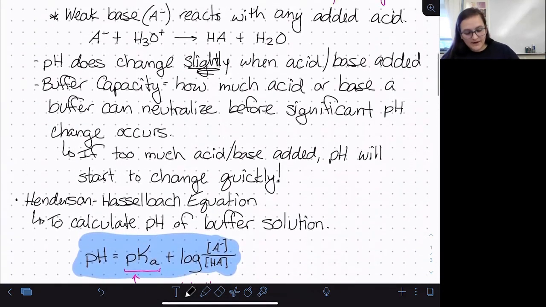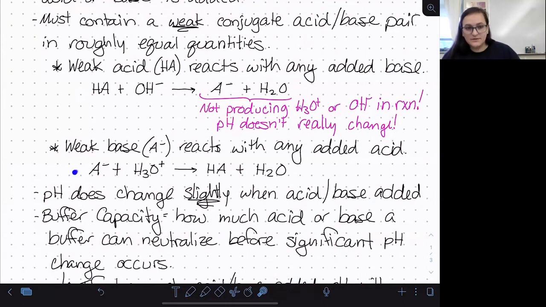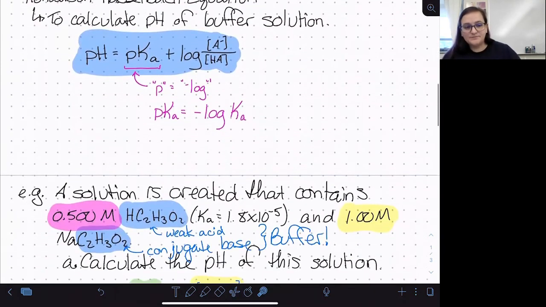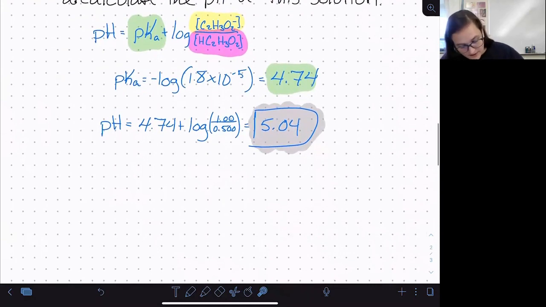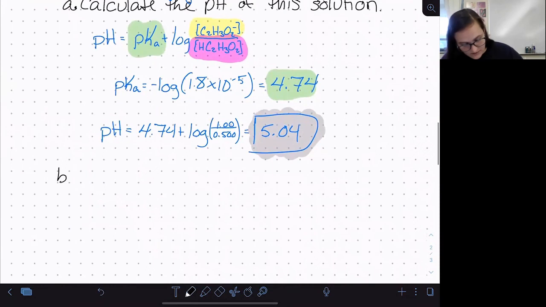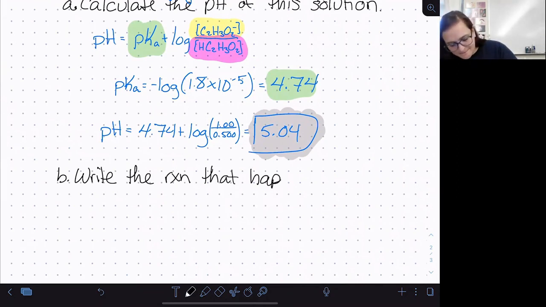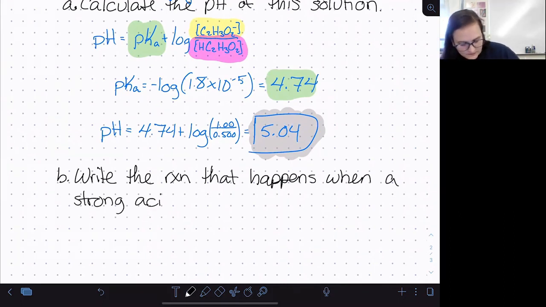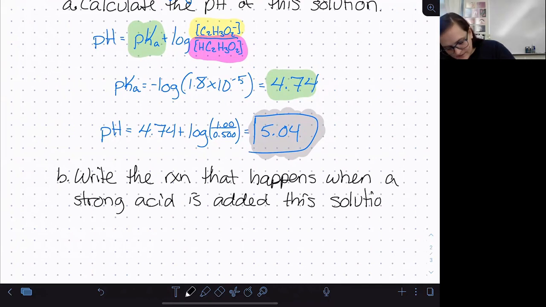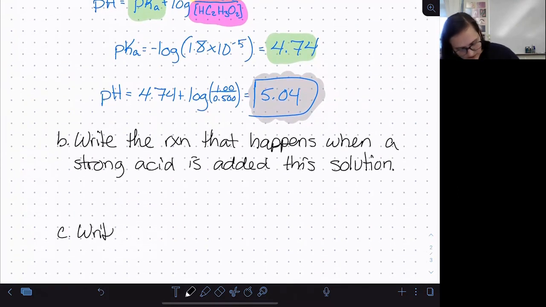So we talked about that, generally speaking, up here with these two reactions. All we're doing is plugging in a specific weak acid and a specific weak base that apply to this system. So we can write the reaction that happens when a strong acid is added to this solution, and write the reaction that happens when a strong base is added to this solution.